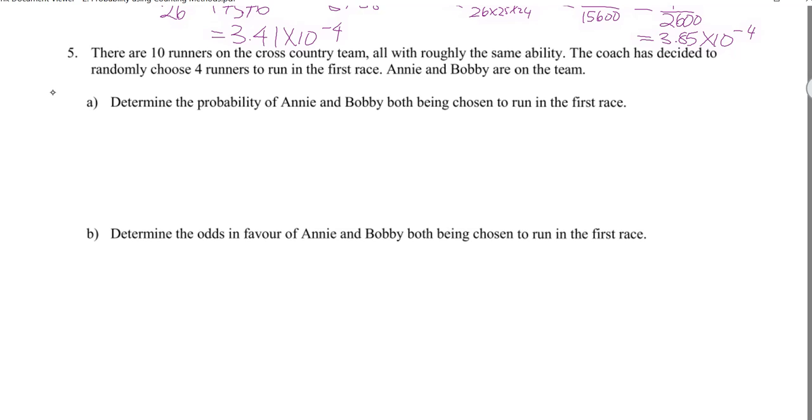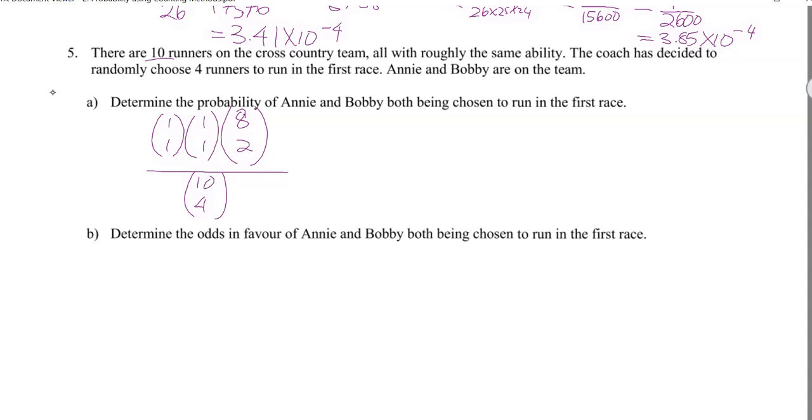So we don't care about their order, right? We're not doing finishing orders or anything here. We're just wondering about the 4 runners that are chosen. So there is one Annie, and I want her. There's one Bobby, and I want him. There are 10 runners in total, so these numbers add up to 10. 4 runners being chosen, so those numbers add up to 4. So there are 8 runners remaining, of whom we need 2.